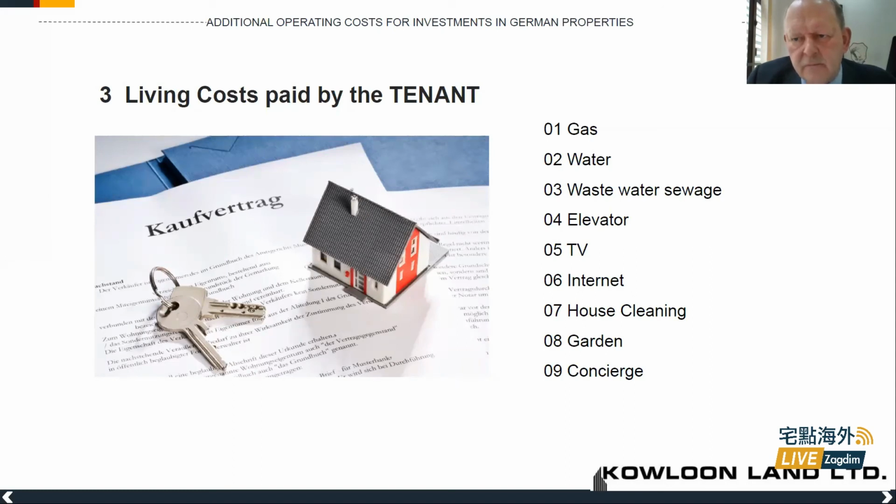And in a normal case, you only have to look once a year at the German Betriebskosten or Nebenkosten. And for the calculation for purchase, you have a strict calculation for all the costs.